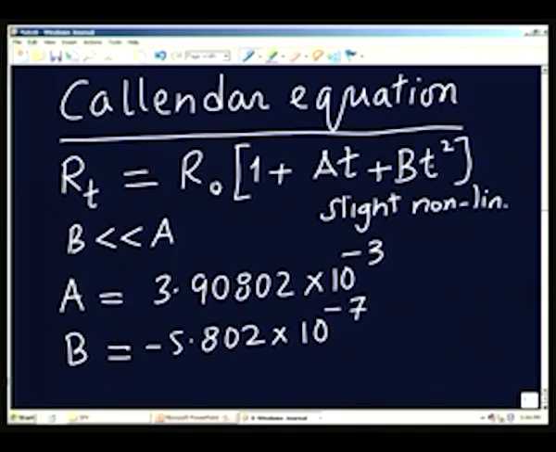If it is more than 100, it becomes even greater, and therefore multiplying B by a factor of 10 to the power 4, you see that it is going to become more or less as big as this term. So, at high temperatures, when you are using the PRT over an extended range of temperatures, it is necessary to take into account the nonlinearity. But how are we going to take the nonlinearity into account? That is what we are going to look at now.